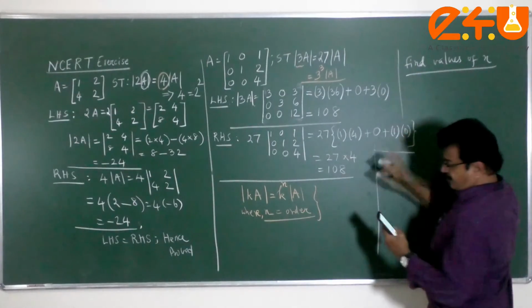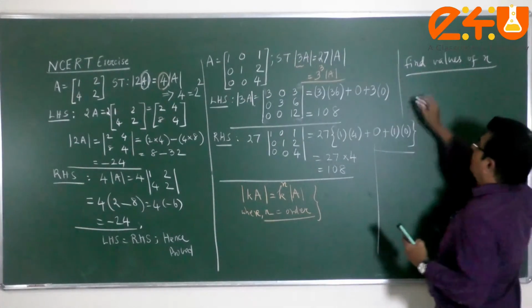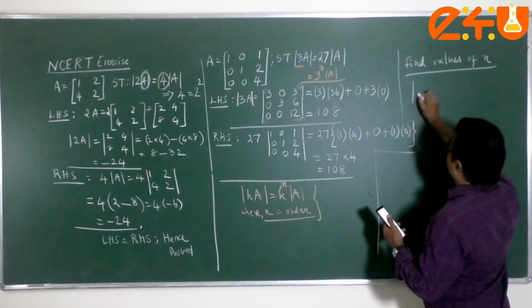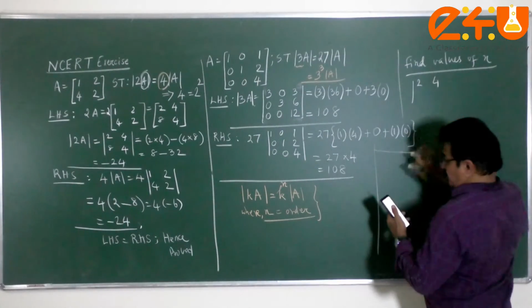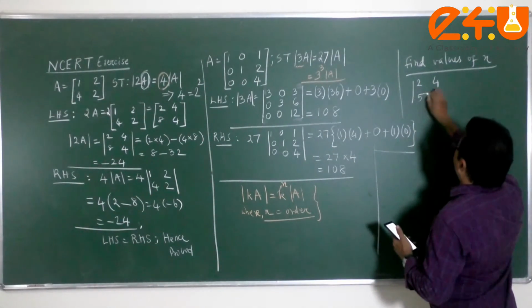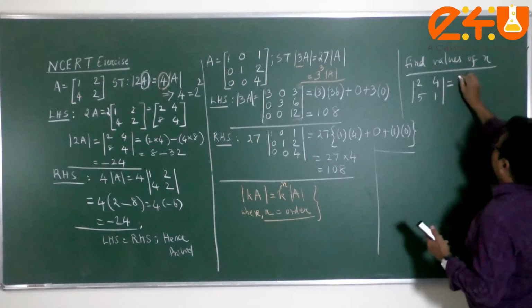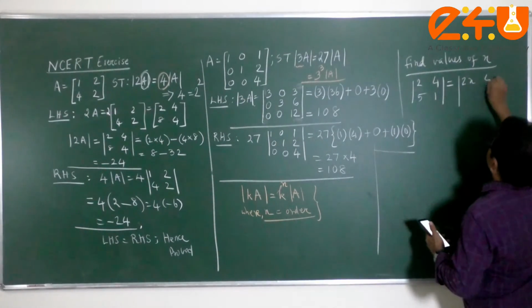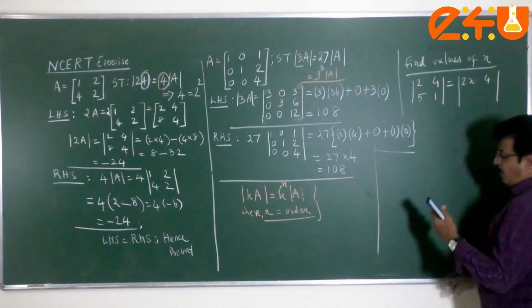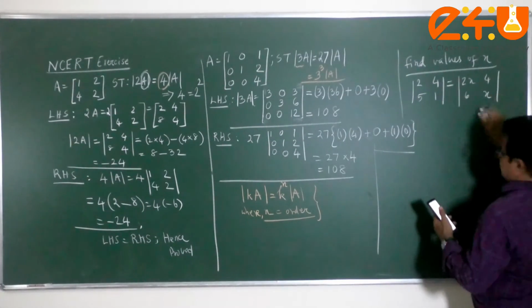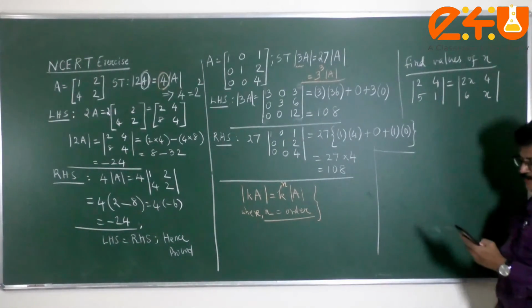Find values of x given the determinant 2, 4, 5, 1 on the LHS. In the RHS, it is 2x and 4 in row 1, 6 and x in row 2.